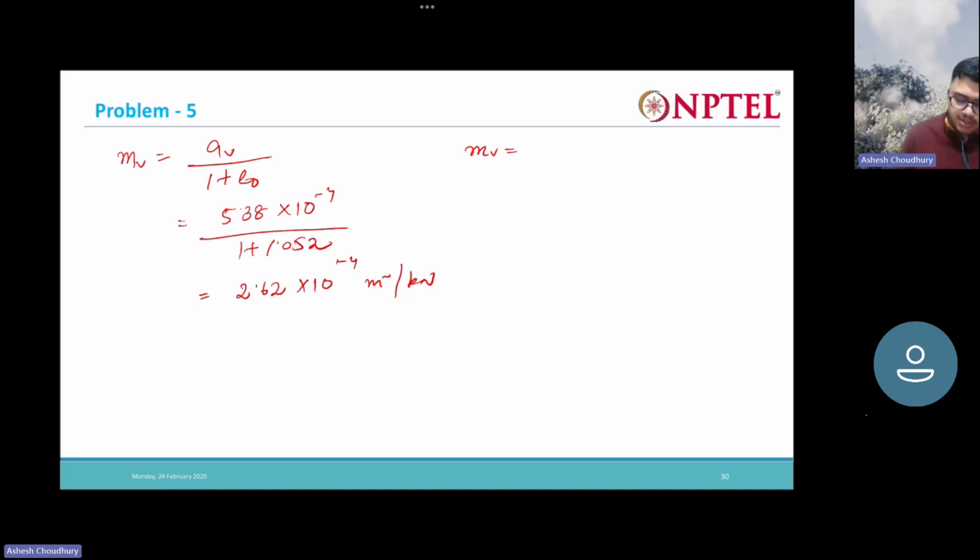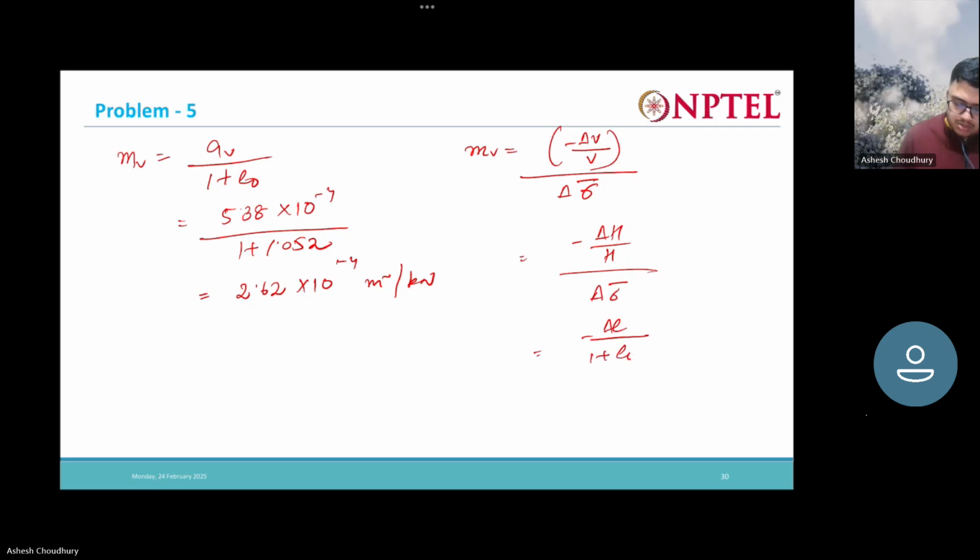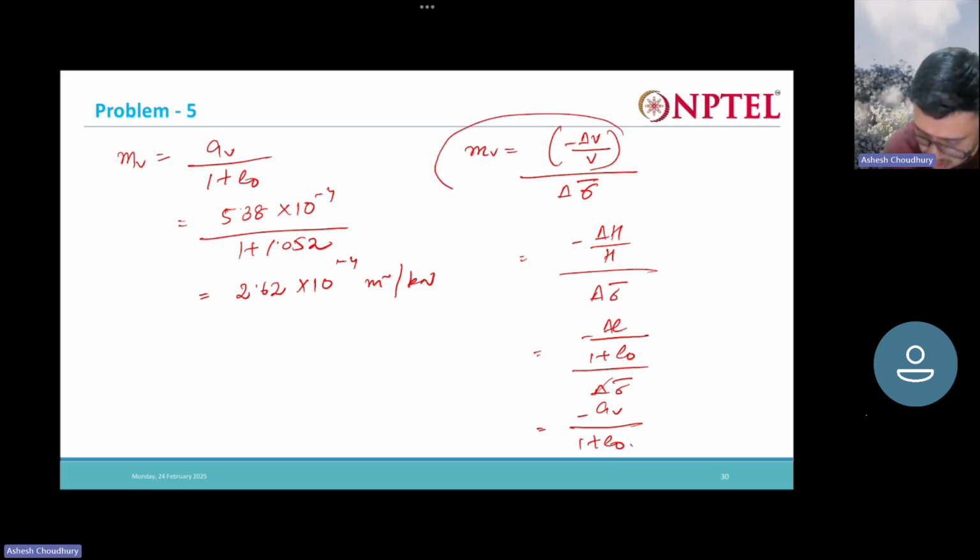It is nothing but the change in volume with respect to original volume, divided by the change in effective stress. So the top I can write as delta H by H, isn't it? Now delta e by delta sigma bar is nothing but av. This is the actual definition of the coefficient of volume compressibility.